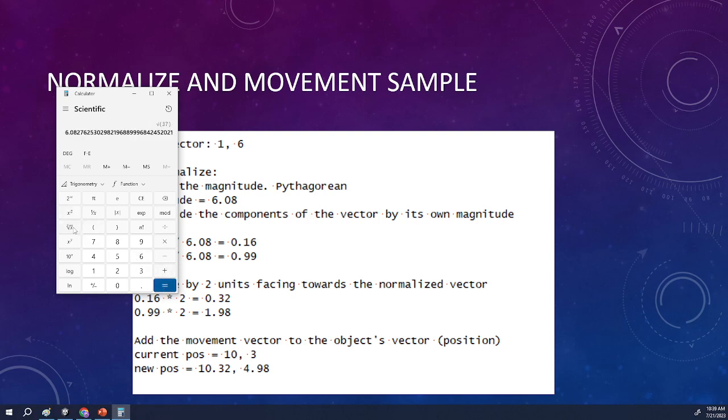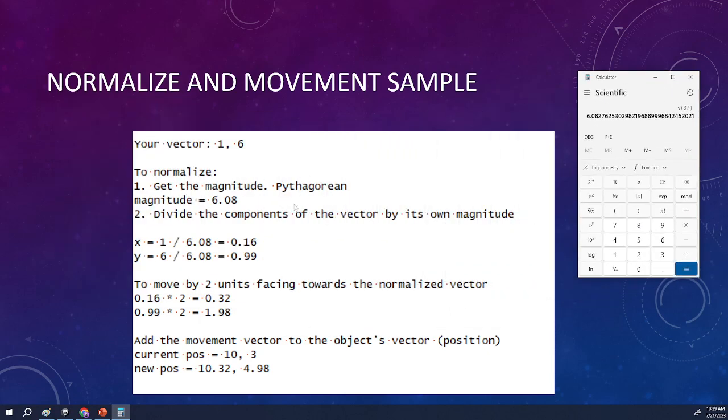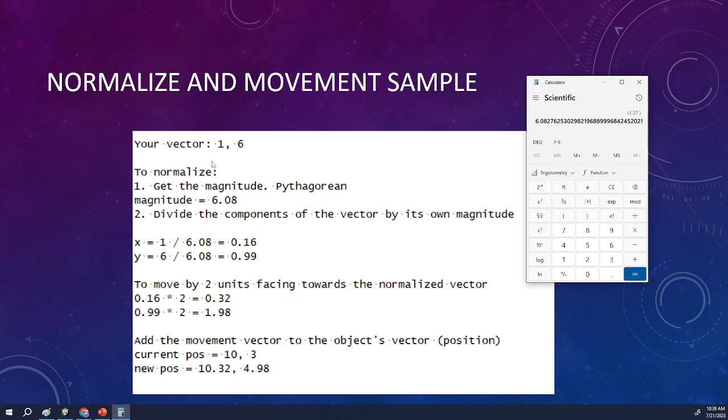Square root of that, 6.08 right here. To get the normal, divide our vector with the 6.08. So if I want to move by 2 units facing towards our normalized vector, we multiply it by 2 and we get 0.82 and 1.98.